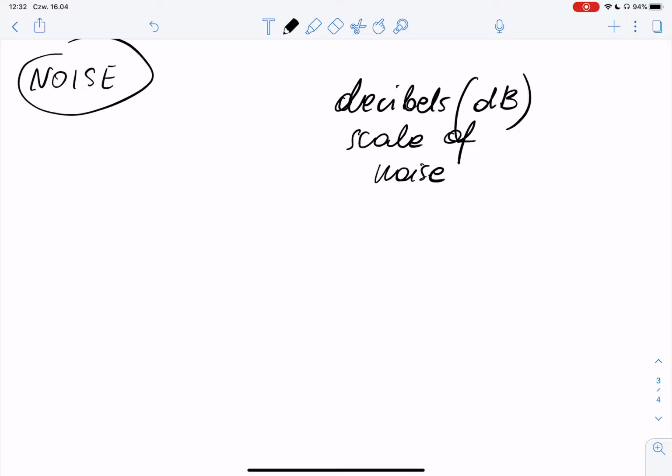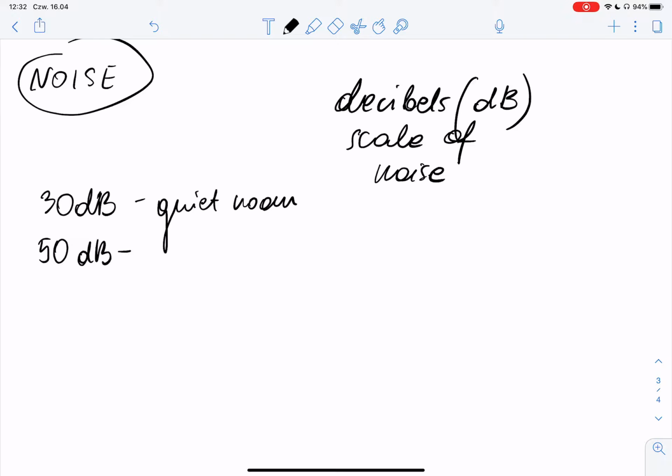The usual acoustic background of a quiet room is around 30 decibels. A normal conversation is around 50 decibels. Guys, be careful with the headphones because the intensity of the sound can hit even 100 decibels.